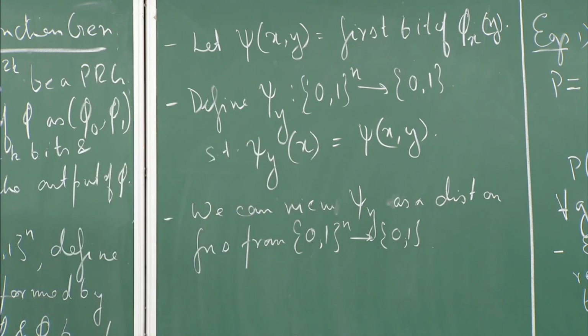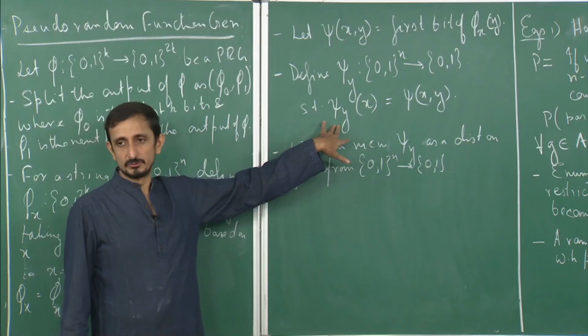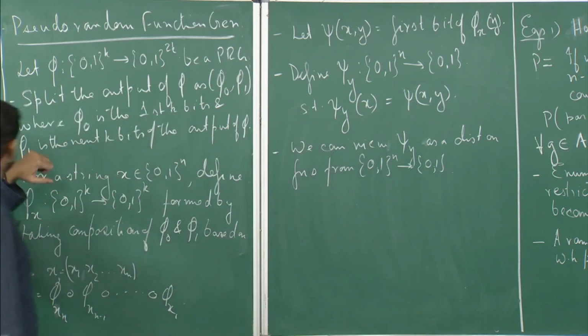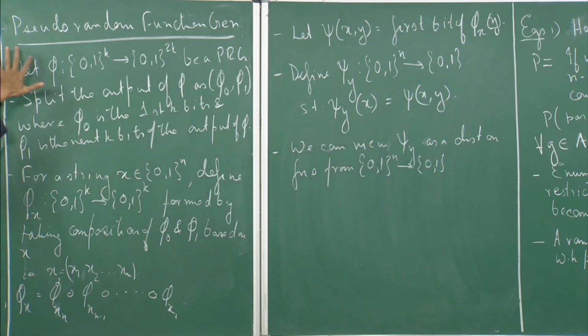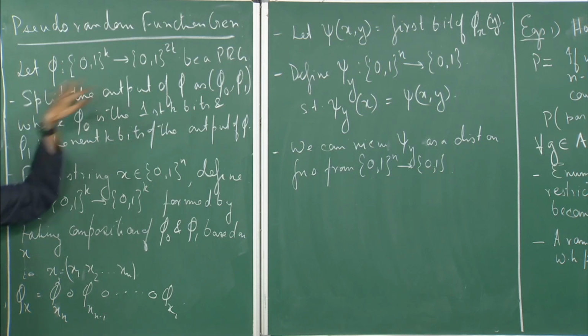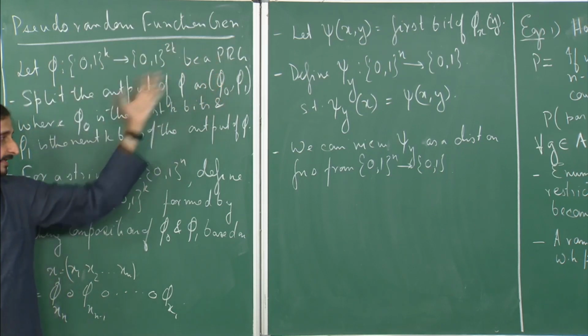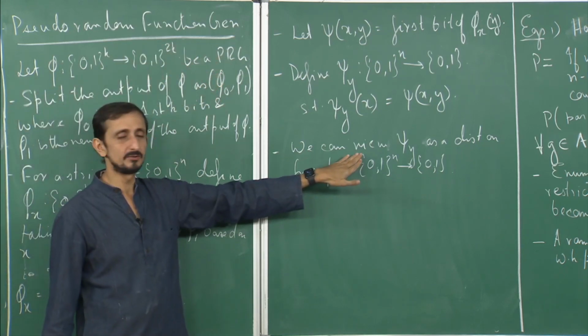Okay, so chi y is now a distribution. Okay, so what I said initially, if you recall, is that we want to come up with a pseudorandom function generator. Okay, and this is the distribution which is producing.